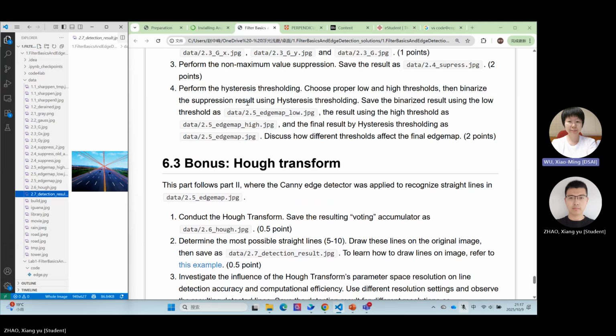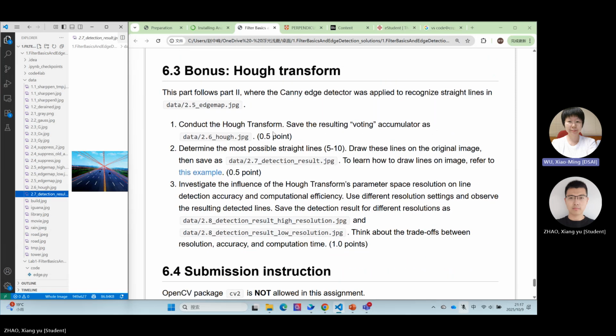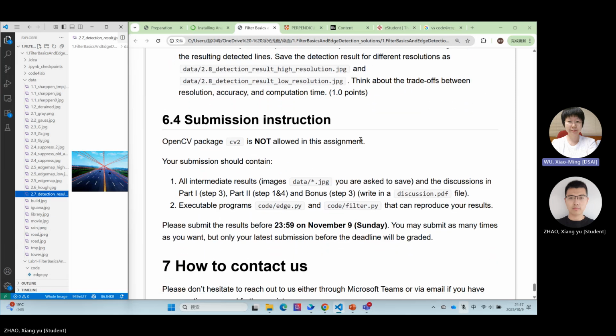Okay, just follow the requirements to finish this part, and then I will introduce some summarization instructions. The OpenCV package cv2 is not allowed in this assignment. You need to implement the convolution operations and the Sobel operator operations by yourself.